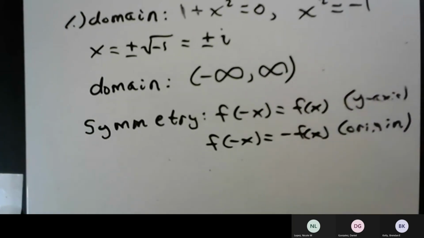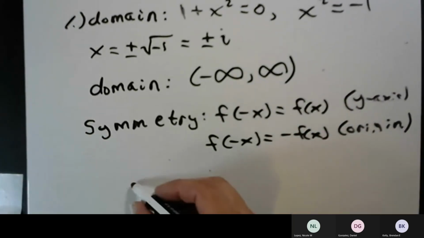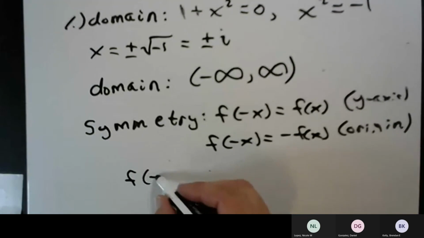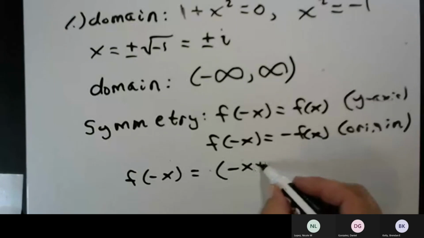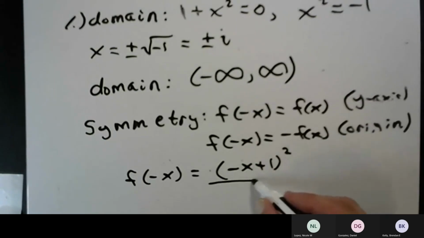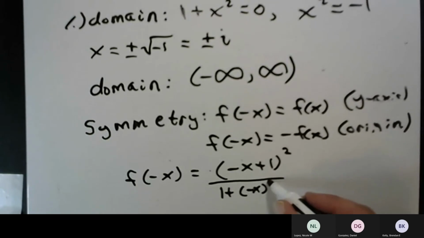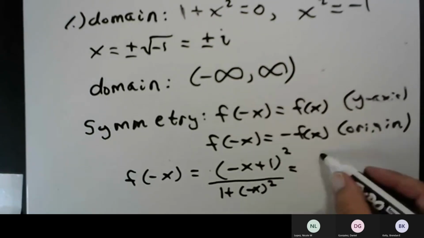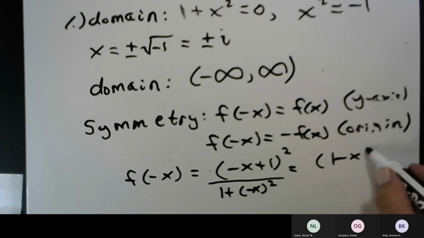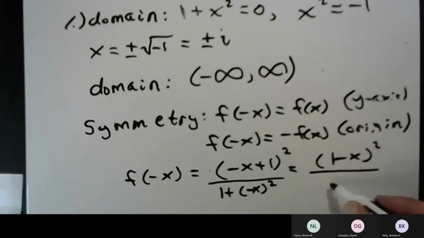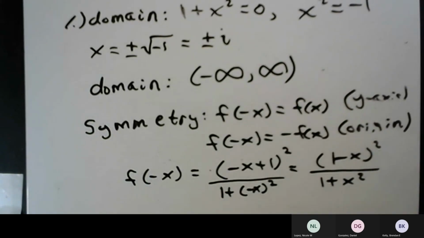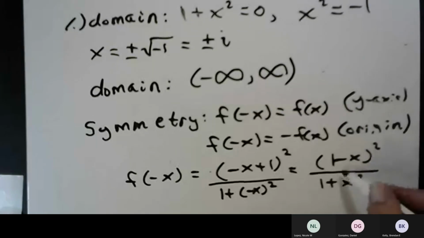But if we try this out, f of -x, what we get is (-x plus 1) squared over 1 plus (-x) squared. Or we get this, (1 minus x) squared over 1 plus x squared. The square gets rid of the minus. This is not equal to the original function, f of x.